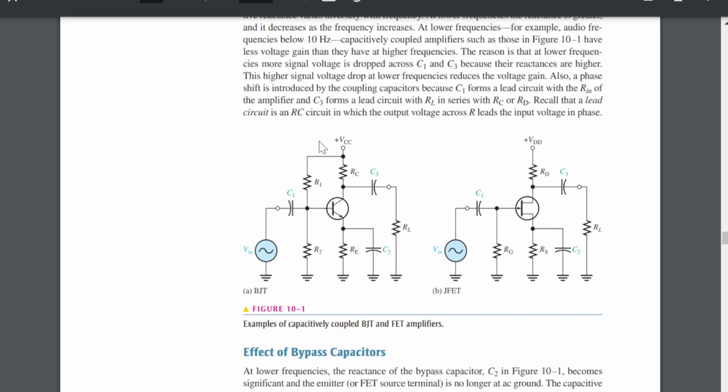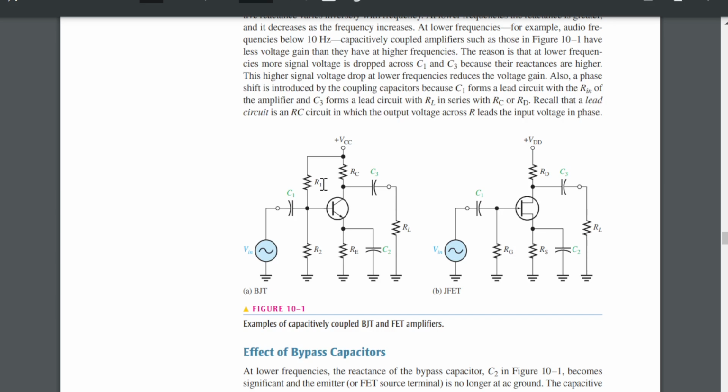Further, at high frequency the capacitive reactance will be low, so the voltage drop will be small. It means that most of the voltage will pass through the resistance.